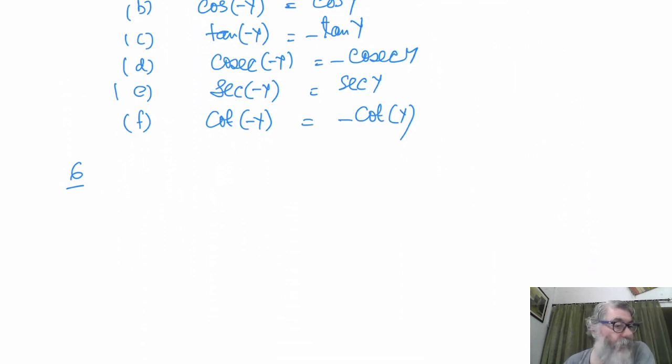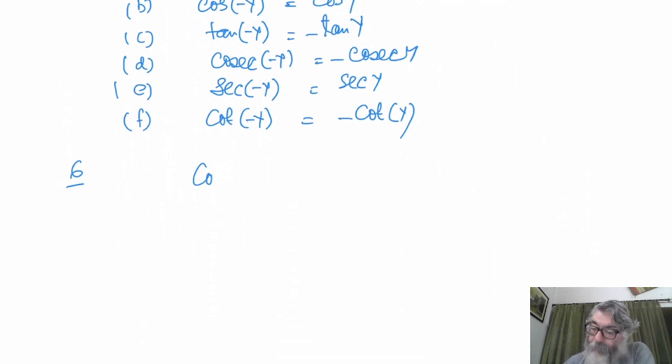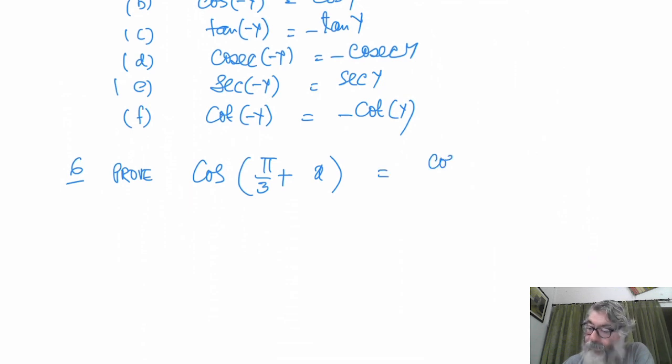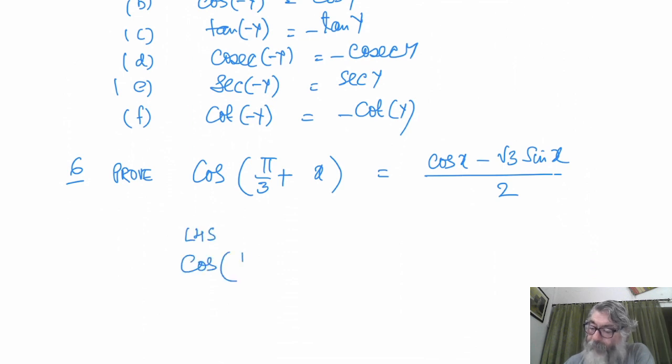Now cos pi by 3 plus x. He says prove cos pi by 3 plus x is equal to cos x minus root 3 sin x upon 2. Left hand side is cos pi by 3 plus x.